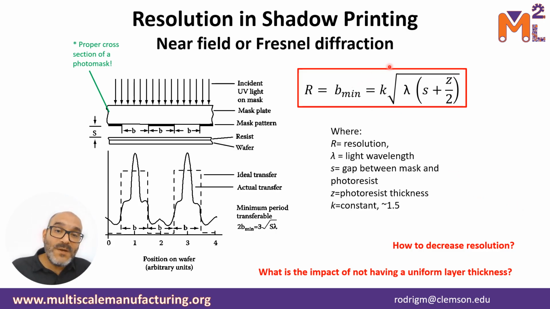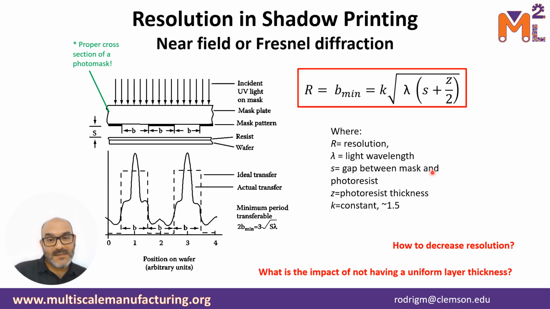A practical equation that you can use to estimate the maximal resolution that you could achieve is pictured here in this rectangle. So you have the resolution that you're trying to achieve. Let's imagine, for example, that you want a 1 micrometer resolution, right? Then you start determining what kind of setup you actually require.